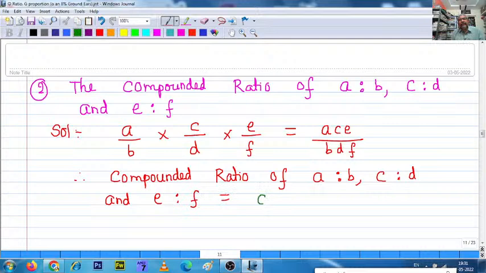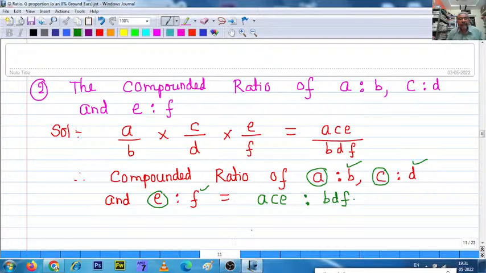That is A into C into E is to B into D into F, ACE is to BDF. So in this way we can find out the compounded ratio.